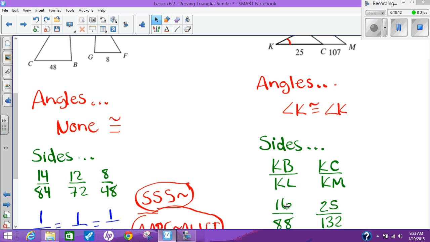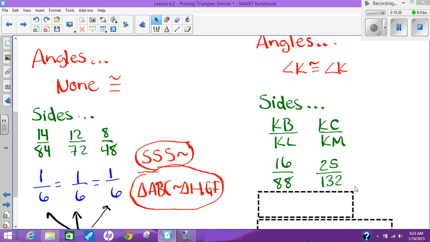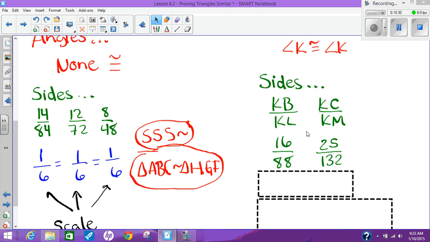16, which is the length of KB, over 88, which is the length of KL. KC is 25. KM is 25 plus 107. You have to add these two segments together to get the whole thing. That's 132. Now these don't seem like simple fractions to simplify or reduce, so let's take a little bit of a shortcut and let's see if each of these is the same decimal.